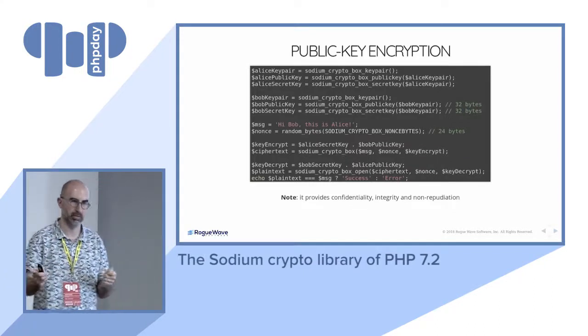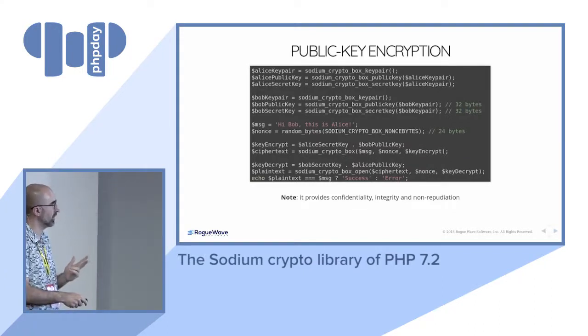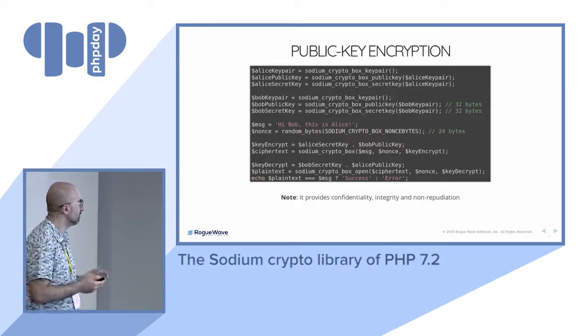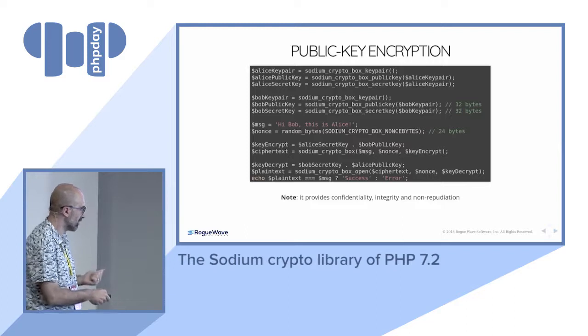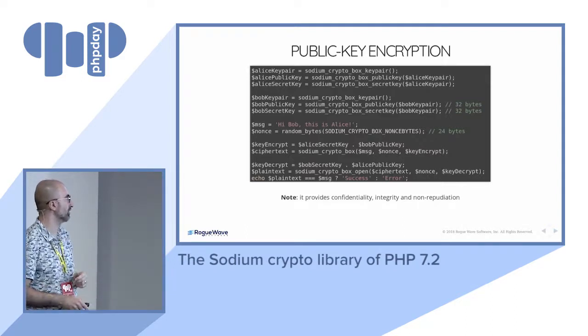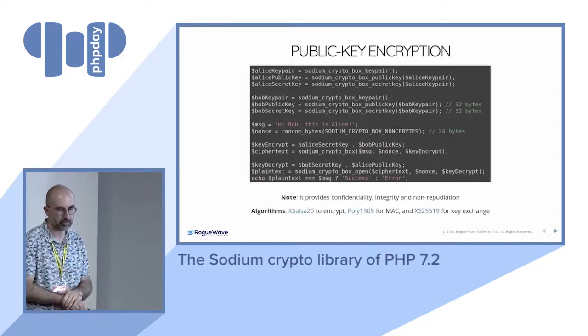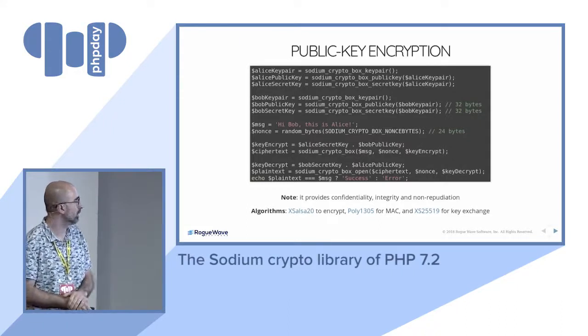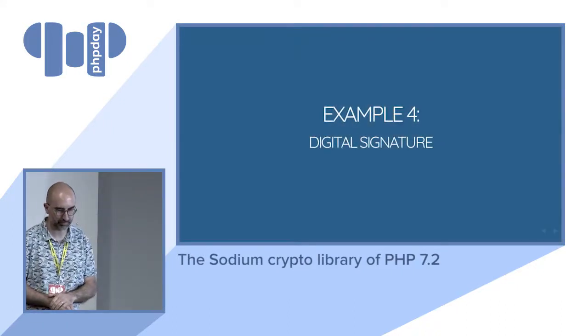So you get three points here: the confidentiality, the integrity, and the non-repudiation. This is very, very important. And these are the algorithms used by public key encryption.